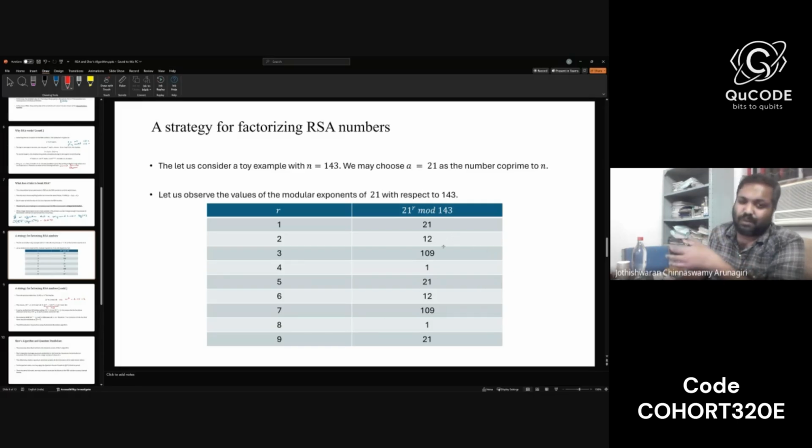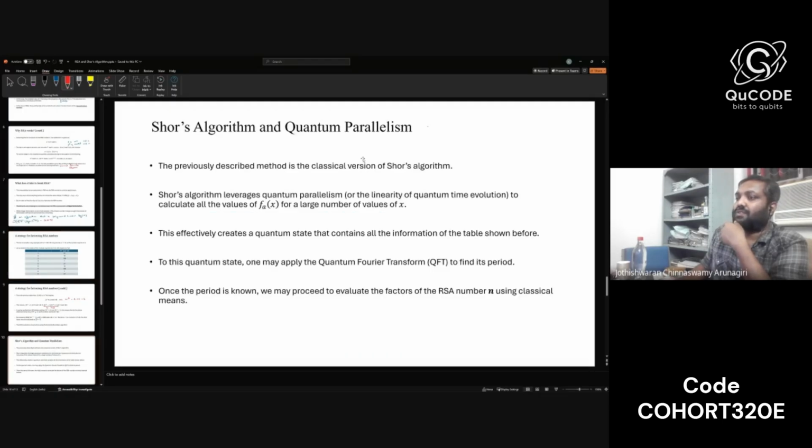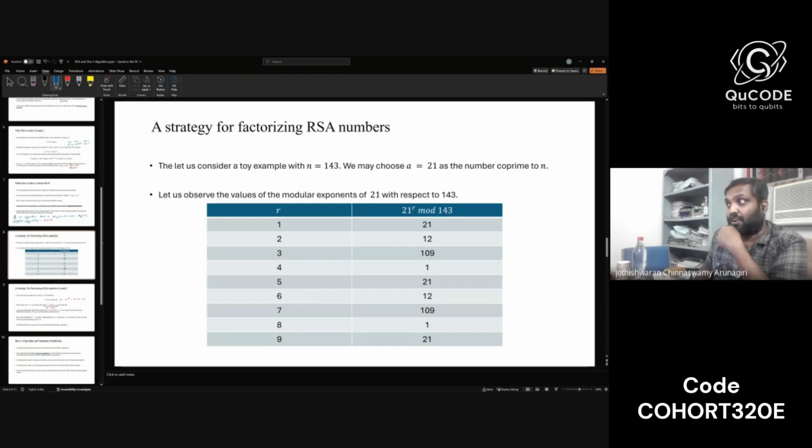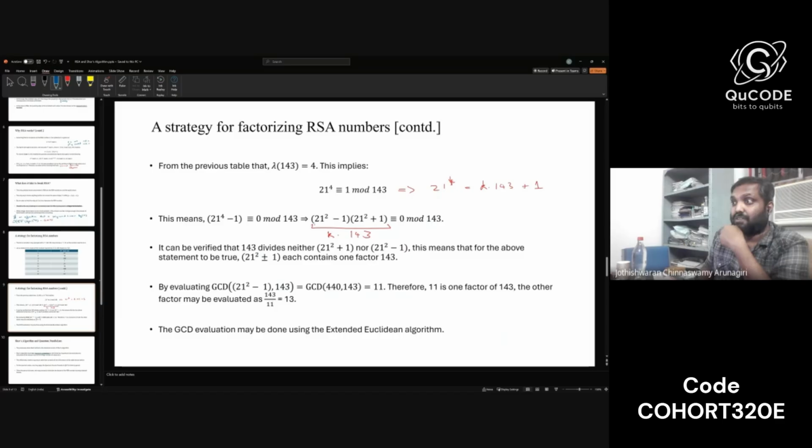I actually wrote a small program to do that. There are ready-made library functions available, but just for fun, I wrote my own small script. So quantum parallelism is leveraged to calculate the value of the modular exponent for multiple values of r.